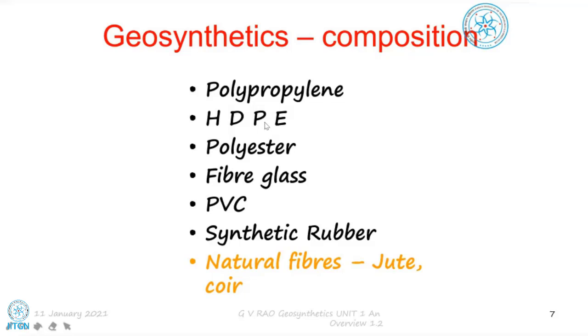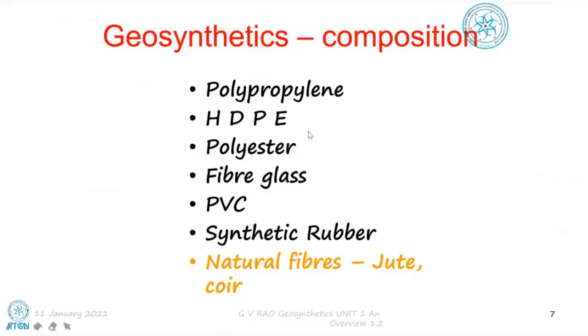What is referred to here is high density polyethylene, but there is also low density polyethylene, LDPE. We also have LLDPE, linear low density polyethylene, and VLDPE, very low density polyethylene.